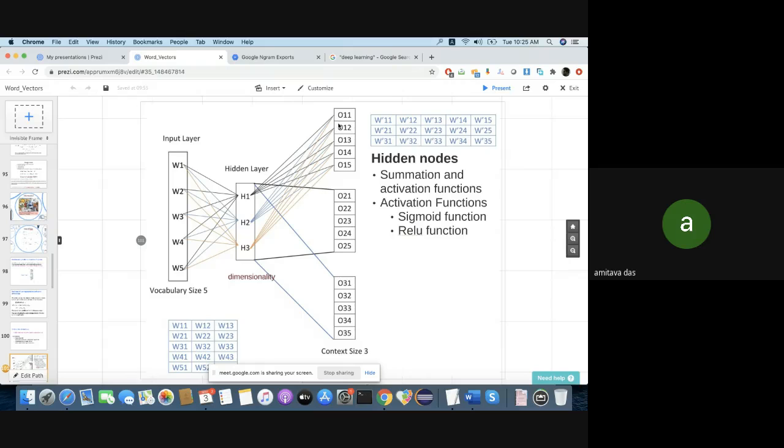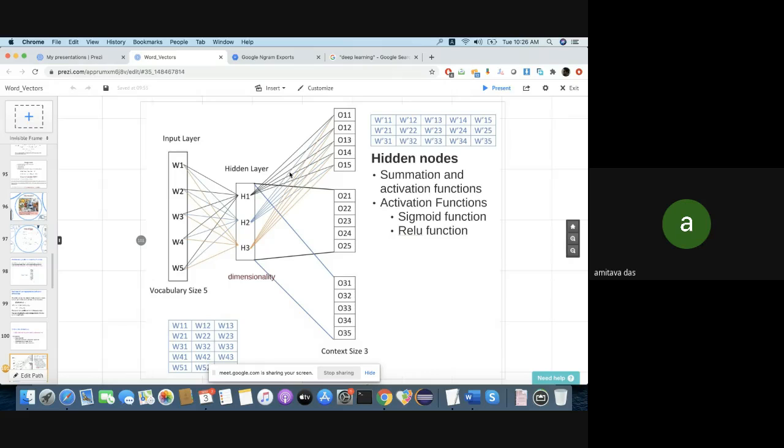So we are trying to predict the probability distribution of the first occurrence while our vocabulary size is 5. O11, O12, O13, O14, and O15 are nothing but the probabilities of all the 5 words in the first occurrence.